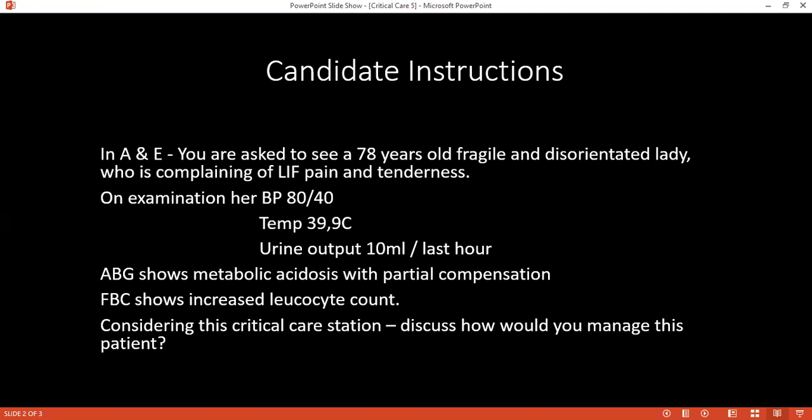Yeah, good. Considering the symptoms which the patient is exhibiting, what type of shock is the patient going through? The patient is going into septic shock. Very good. So can you define the term septic shock?